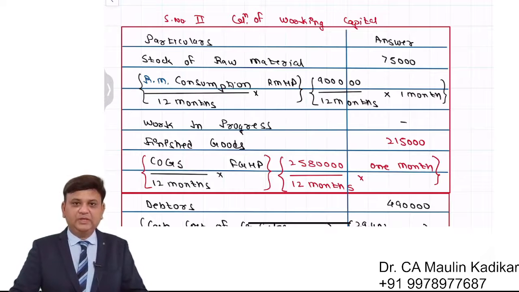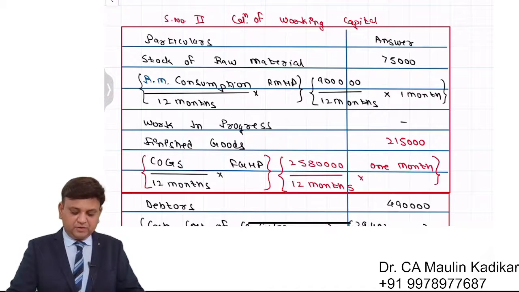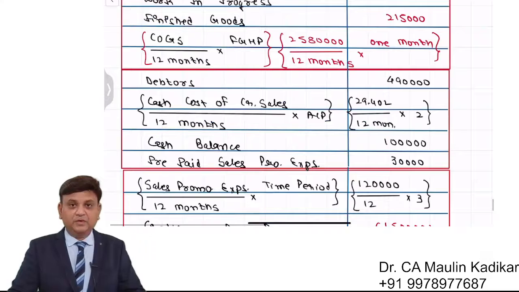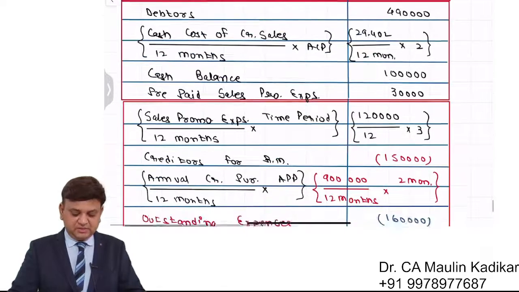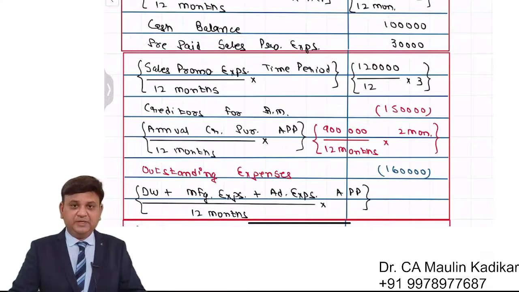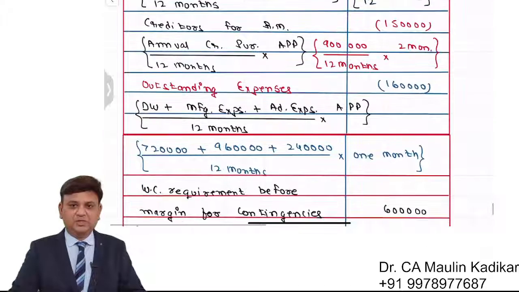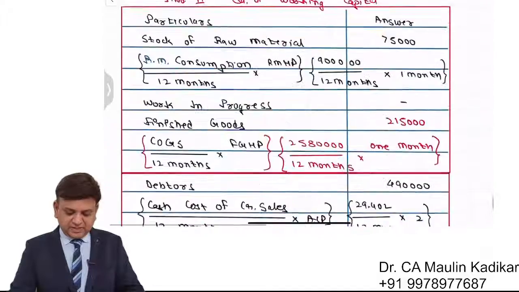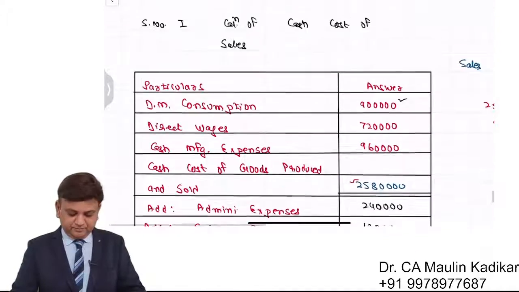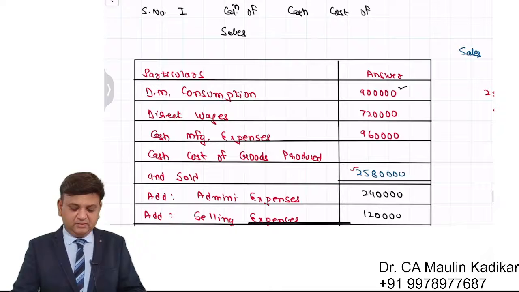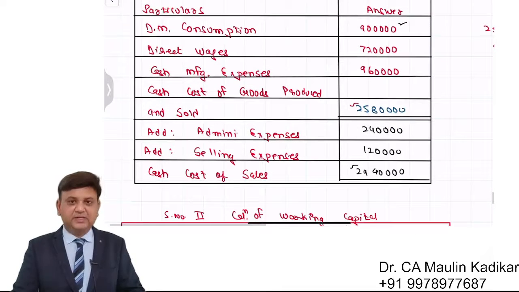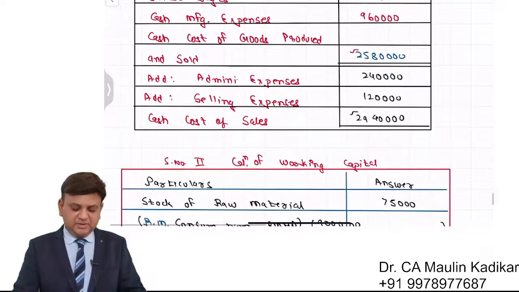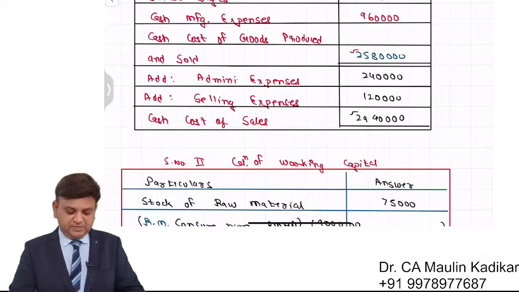So step number 2 in that working capital: stock of raw material, finished goods, debtors, cash, prepaid sales promotion expenses, outstanding expenses, working capital before margin for contingencies, and the total working capital. That is what we have done. For an ongoing company, cash cost of the sales is calculated as material consumption plus direct wages plus cash manufacturing expenses.